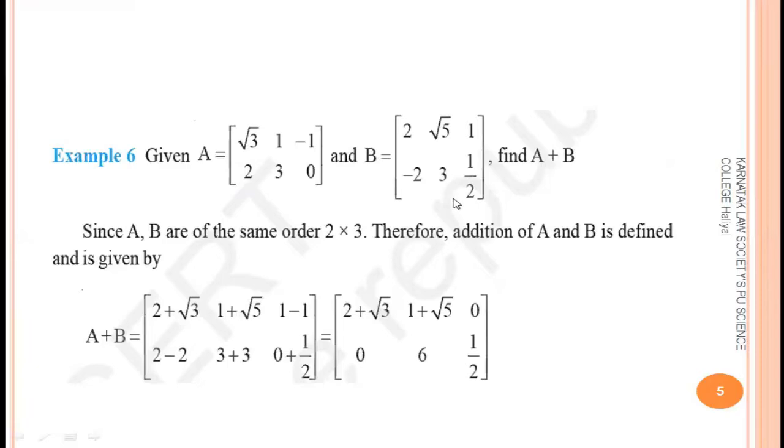So we need to add the two matrices and it is denoted by A plus B and the resultant matrix is obtained by adding the corresponding elements. That is 2 plus root 3, 1 plus root 5, and -1 plus 1 becomes 0, 2 minus 2 becomes 0, 3 plus 3 is 6 and 0 plus 1 by 2 is 1 by 2. In this way we need to add the two matrices.